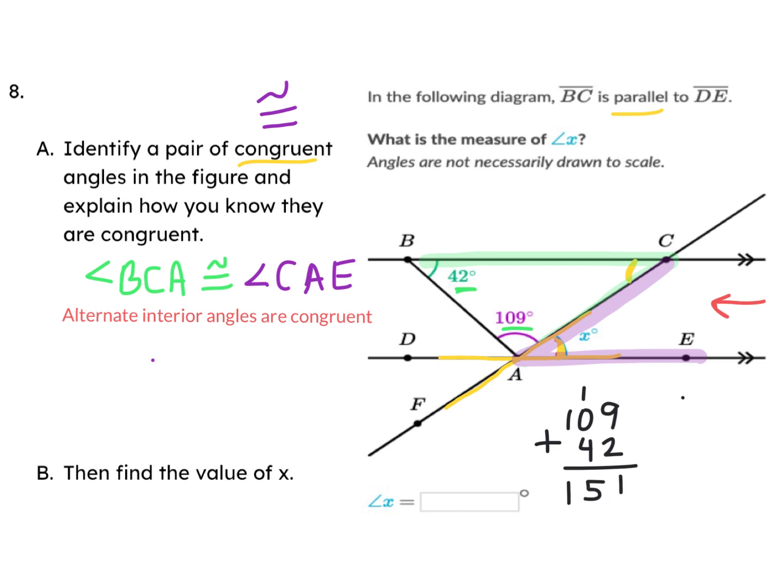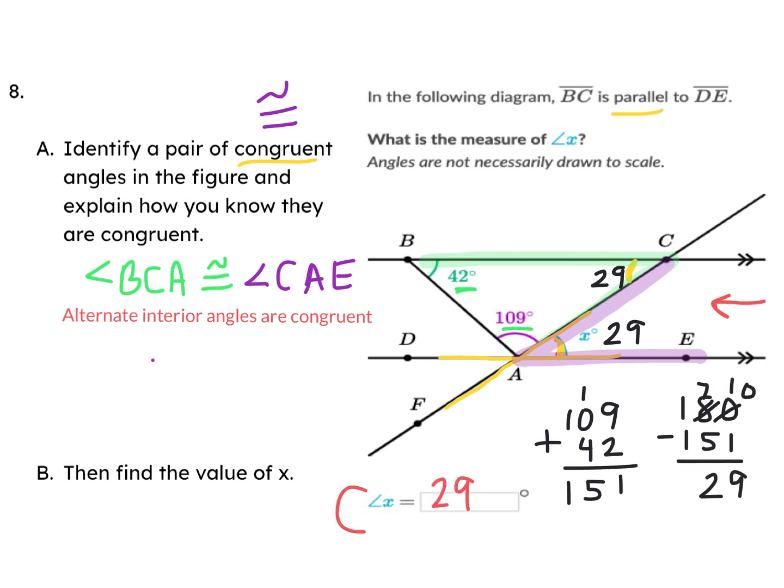So that adds up to 151. 180 minus 151. Okay, so that's going to be 29 degrees. So 29 degrees up here, and alternate interior angles are congruent. So the value of X must also be 29 degrees.